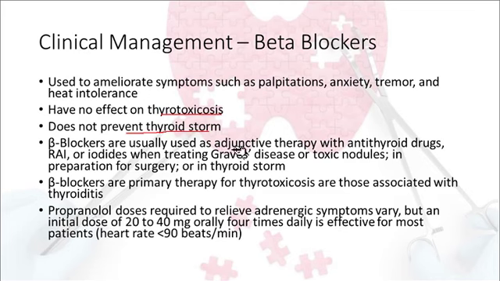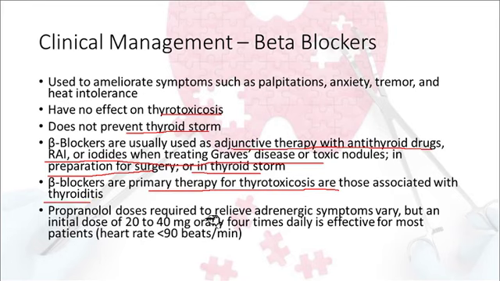Beta blockers are usually used as an adjunctive therapy with antithyroid drugs such as either carbimazole, methimazole, or propylthiouracil, or radioactive iodine or iodides when treating Graves' disease or thyrotoxic nodules in preparation for surgery or in thyroid storm. Beta blockers are the primary treatment for thyrotoxicosis associated with thyroiditis.